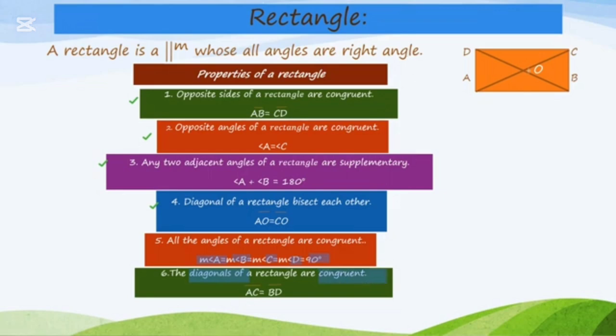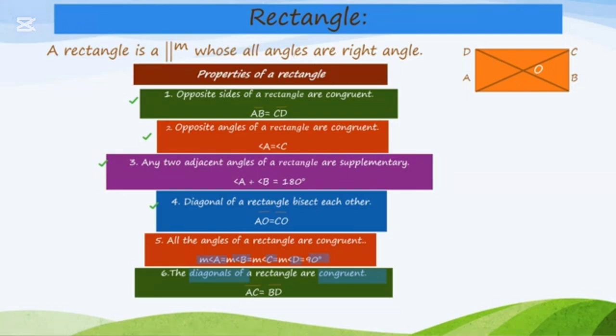What is meant by congruent? Here, the diagonals AC and BD, both are equal. Both are congruent means both are equal. If AC is equal to 10 centimeters, then BD is also equal to 10 centimeters. Clear, everybody?